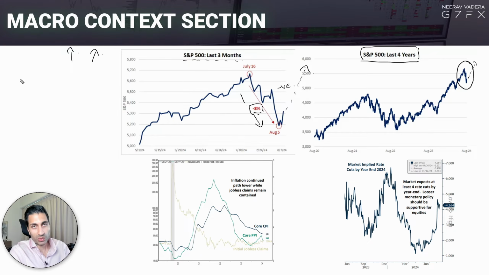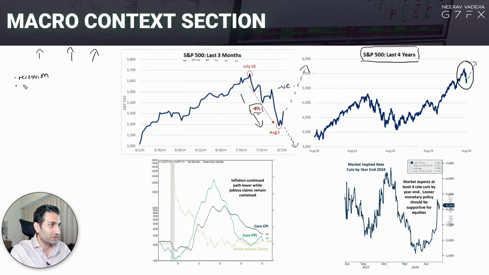It's fairly simple. If you think about persistent bearish markets, what do you typically tend to need in terms of a macro context for those to continue? You typically need a recessionary environment. So forgive my handwriting. Obviously I trade a lot, I don't write a lot, but it is what it is.